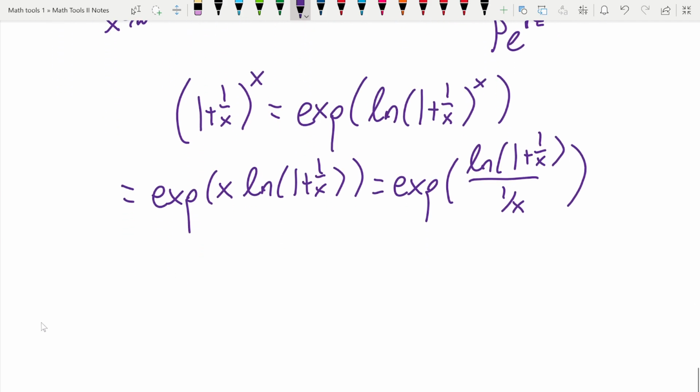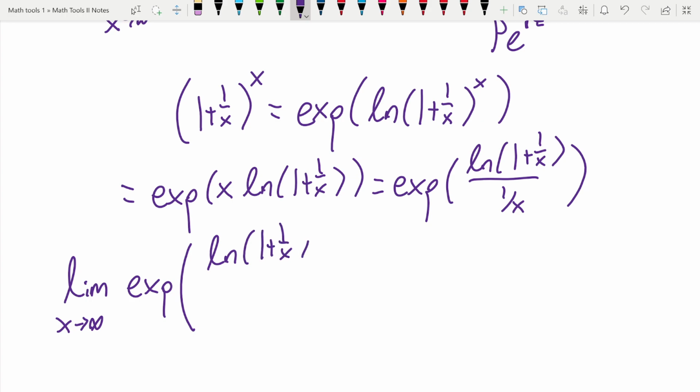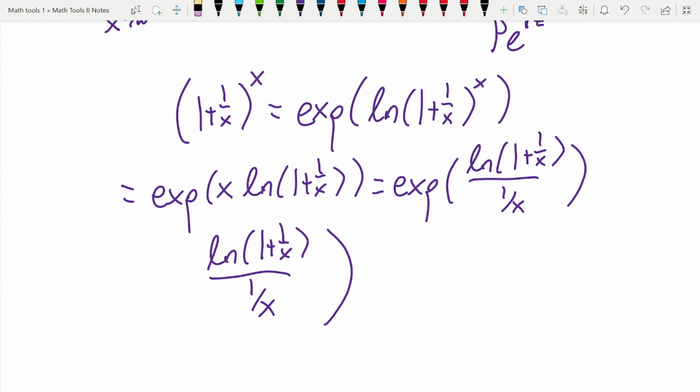So now we can take the limit of this. So we'll do the limit as x goes to infinity of the exponent of ln(1 + 1/x) over 1/x. And again, with the limit laws, we can bring the limit inside here. So let me just rewrite it so I don't have to rewrite the entire thing.